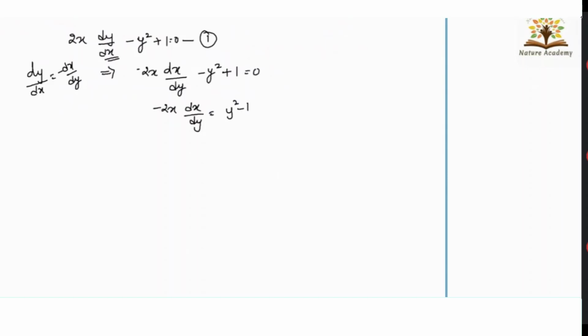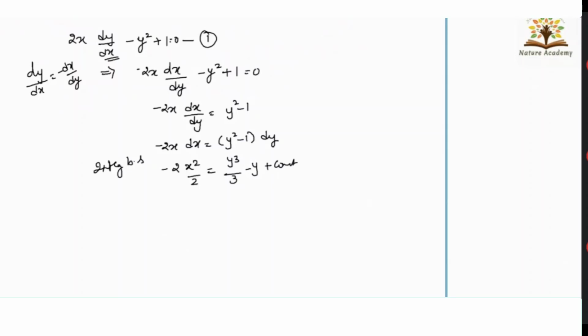Now we can separate the terms and then we can find the integration. We can do integration on both sides. Now it will be minus 2x into dx equal to y square minus 1 into dy. So if I integrate both sides, it will be minus 2x square by 2 equal to y cube by 3 minus y plus a constant.